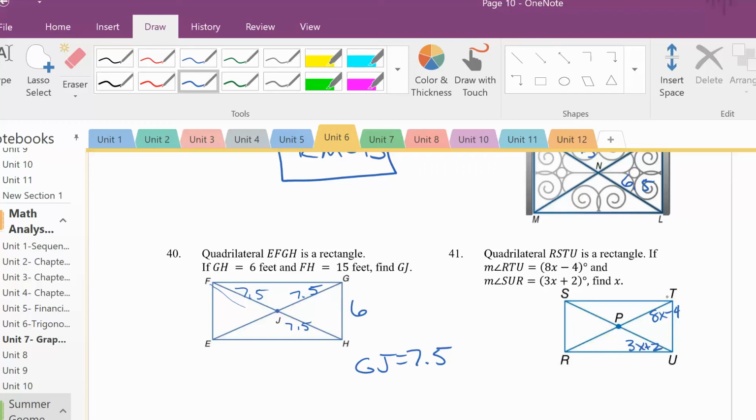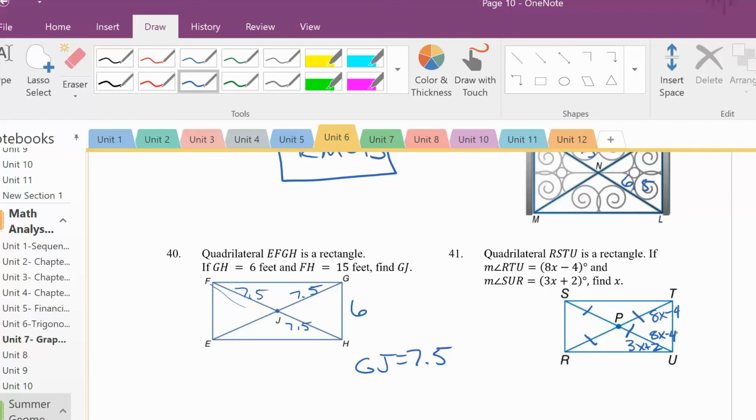Well, remember, these are isosceles triangles, because remember, not only are the diagonals congruent, but they bisect each other, right? So that means that if this is 3x plus 2, this is going to be 8x minus 4 here, because the base angles of an isosceles triangle are congruent.